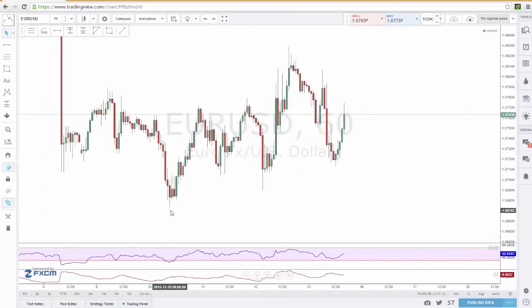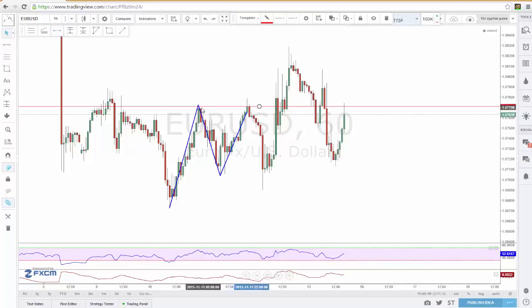Okay, right here I already see something that meets our rules for a double top. We've got a test, a retracement, a retest, and the body of these candles does not close above the wick of these previous candles.